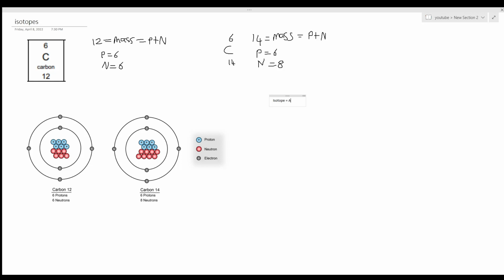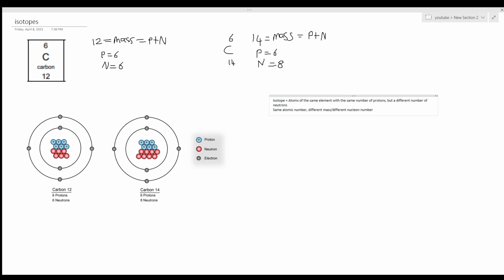So it's atoms of the same element with the same number of protons but a different number of neutrons. There are other ways of saying that. You could say same atomic number, different mass, or different nucleon number. It's a word we used in a previous video.